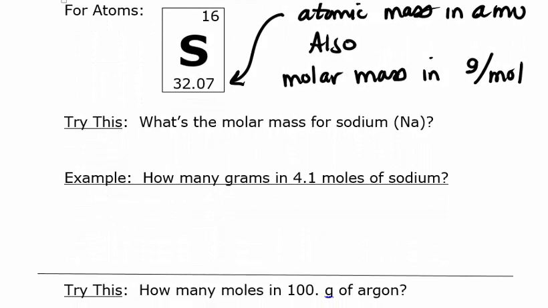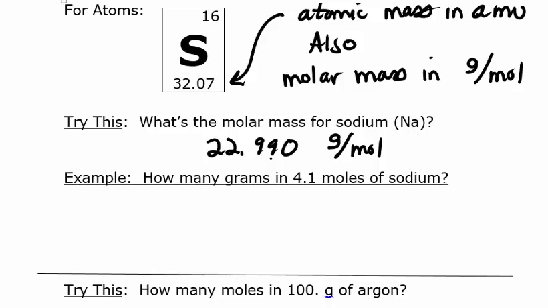All right, so let's do it for a different atom than sulfur. For sulfur, it's 32.07. For sodium, if you look on a periodic table, you'll find that the molar mass is 22.990. And again, the units would be grams per mole if we're using it to convert in molar mass calculations.